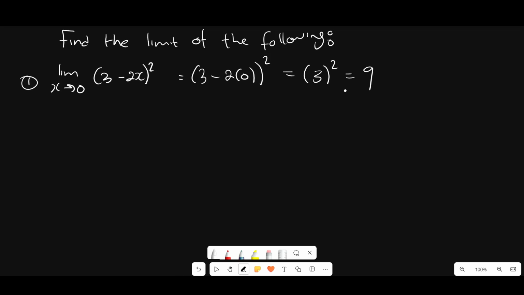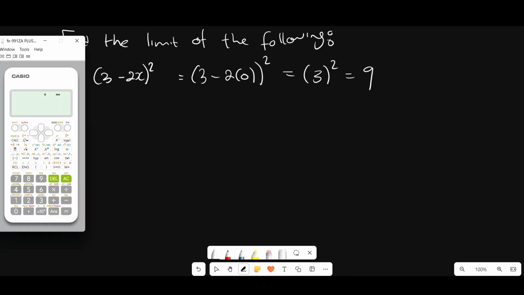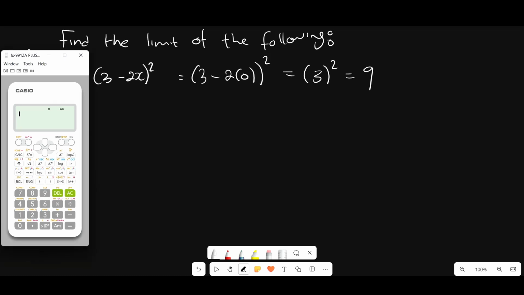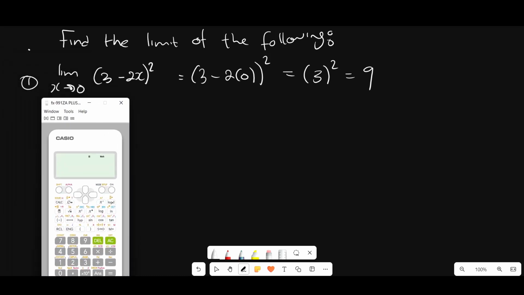Just to see things through here, let us plug this into our calculator and see what happens. Let us take a number very close to 0 and substitute it into the function and see what value we get. Let us say 0.0000001, right?